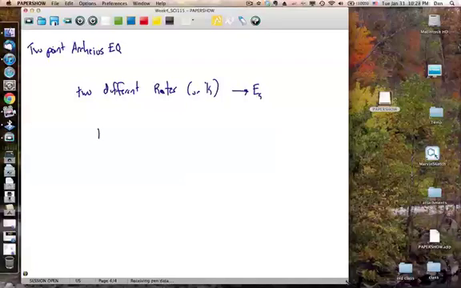In that form, ln of k1, the first reaction, versus k2, second reaction, will equal the activation energy divided by R times 1 over T2 minus 1 over T1. And so this is what we call our two-point form.